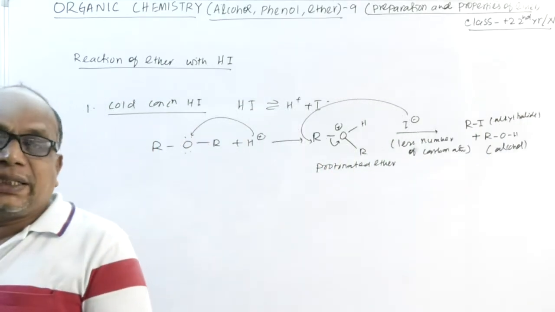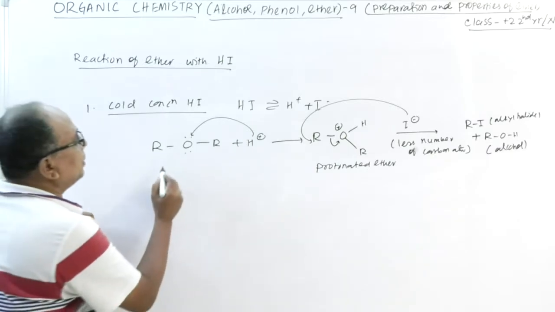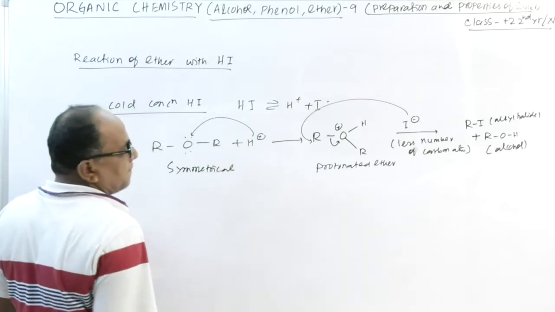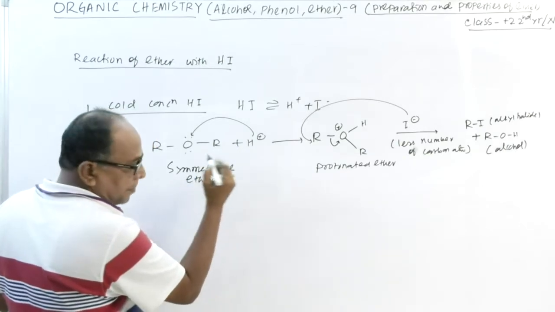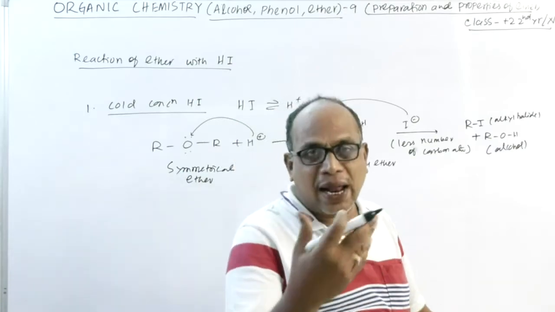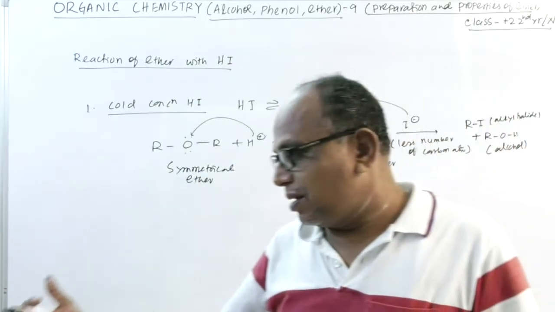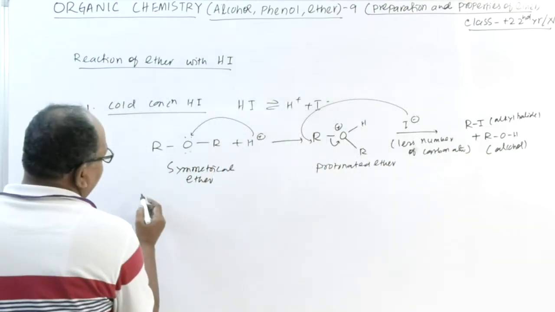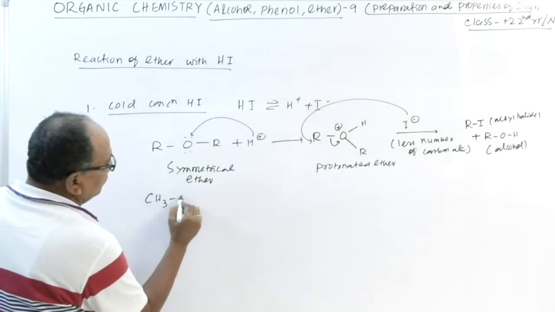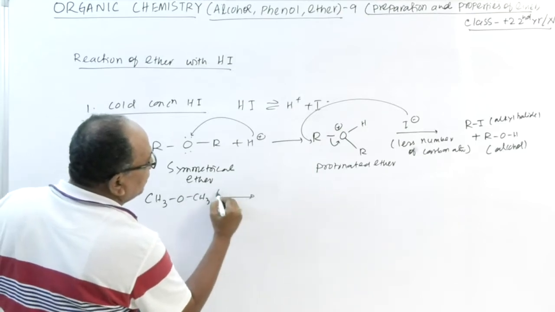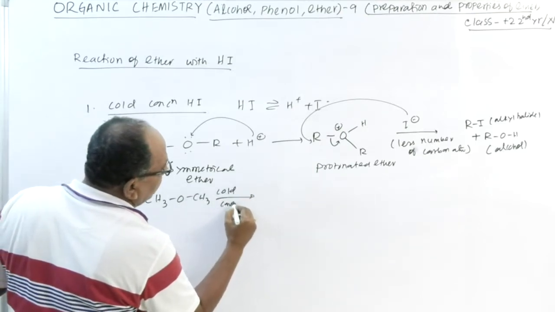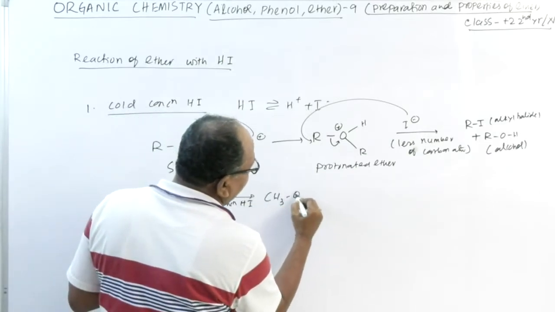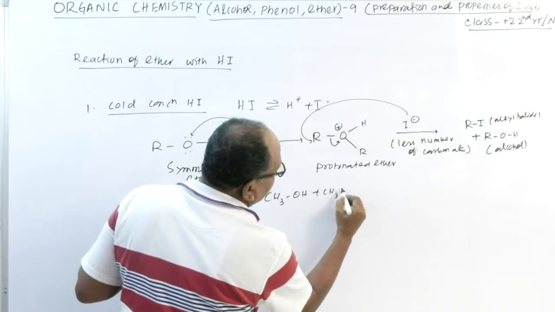Okay, students, if there is a symmetrical ether, then no problem. One alkyl group forms alkyl halide, the other one forms alcohol. Suppose you take dimethyl ether, when treated with cold concentrated HI, naturally it gives two molecules, CH3OH plus CH3I.